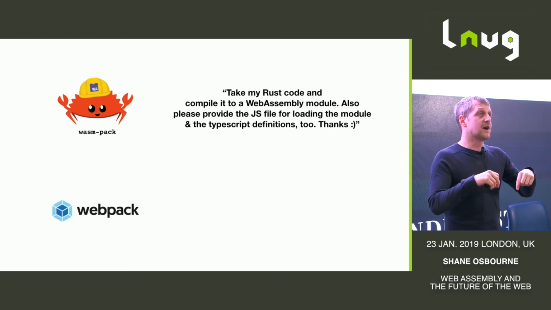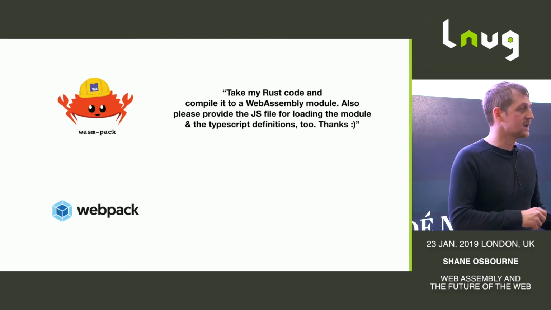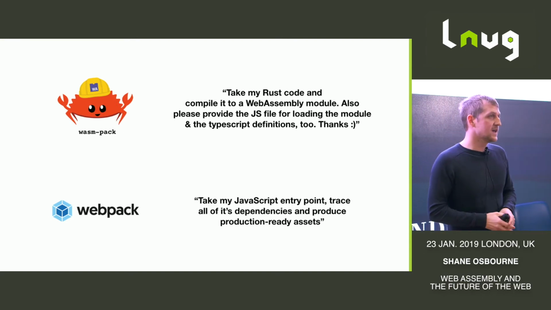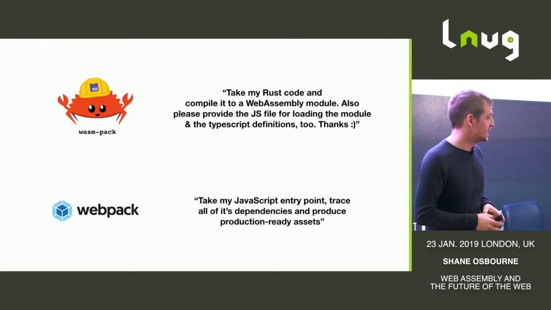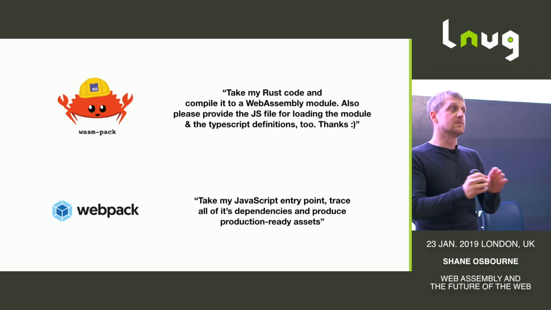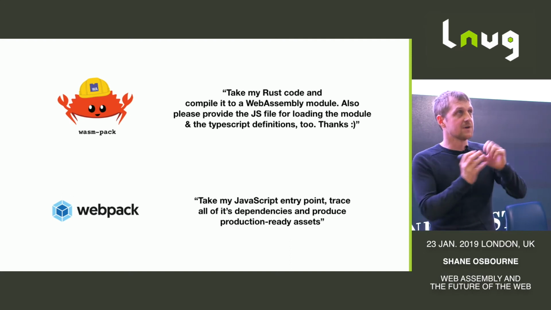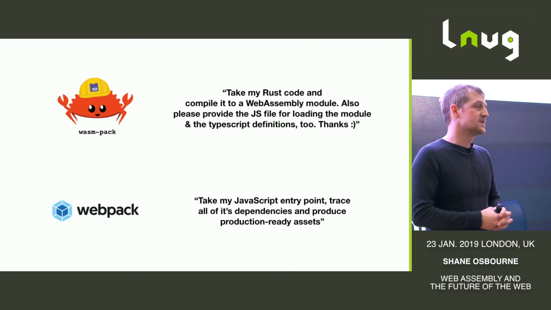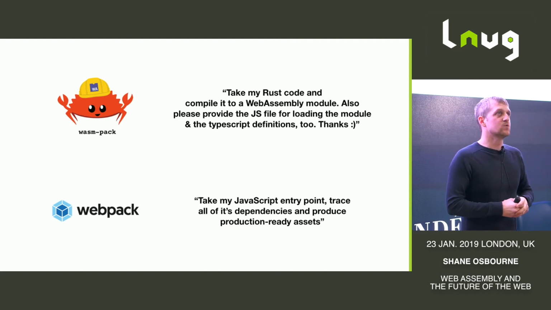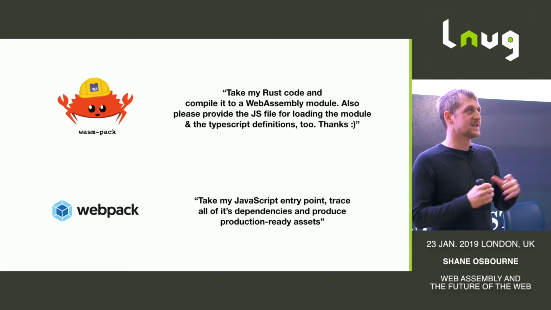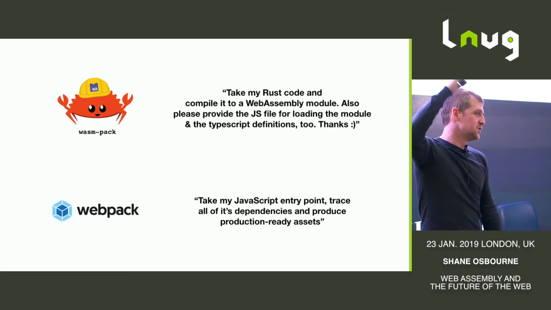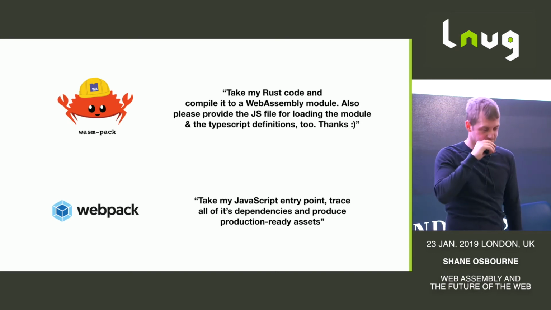And then to make it work in the browser, you'll use something like Webpack. Webpack, for those who don't know, I'm sure you do, is like saying, take a JavaScript entry point, trace all of its dependencies, and just give me a folder of production-ready assets. Webpack often gets a bad name for these huge 200-line configs or more.